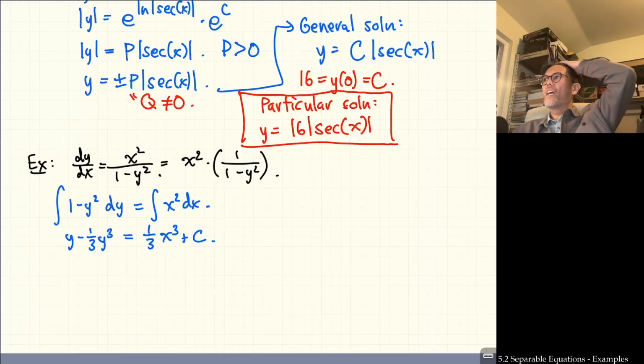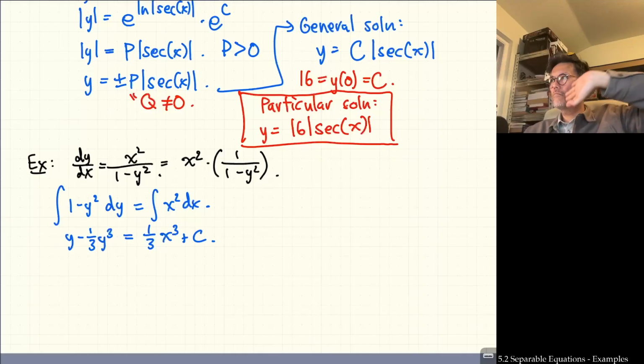And now what we want to try to do is rewrite this, but are we really going to be able to solve for y? I think it's pretty tricky to solve this equation for y, and the reason is because there's this cubic involved.